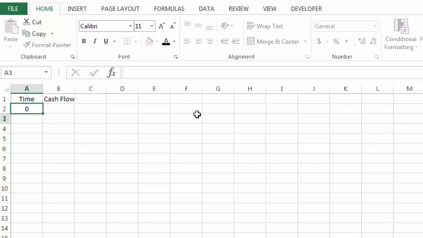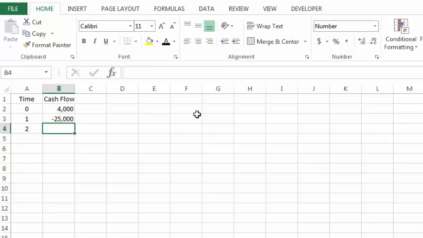So I'm going to do time 0, 1, and 2. Now the cash flows that we talked about were 4,000 the first year, or well, at time 0, excuse me. Then there was a negative 25,000, and then there was a positive 25,000.